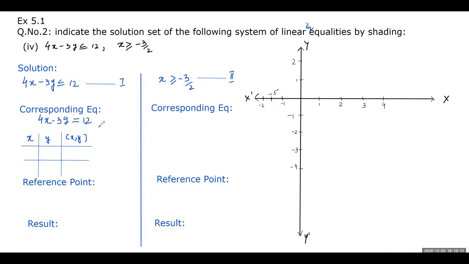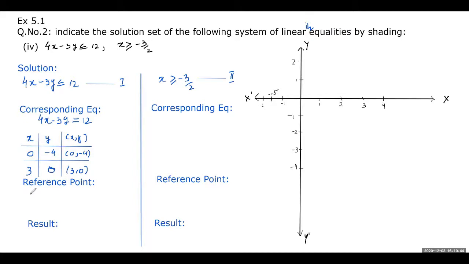Now in this equation, put x equals 0. Then solve, you will get minus 3y equals 12, so y equals minus 4. So it becomes (0, minus 4). Now put y equals 0, you will get 4x equals 12, which means x equals 3. So you get (3, 0).